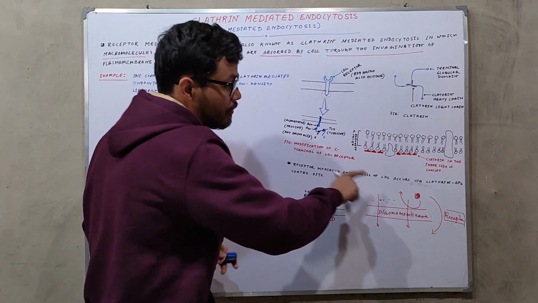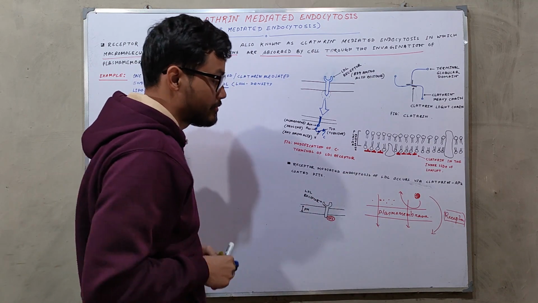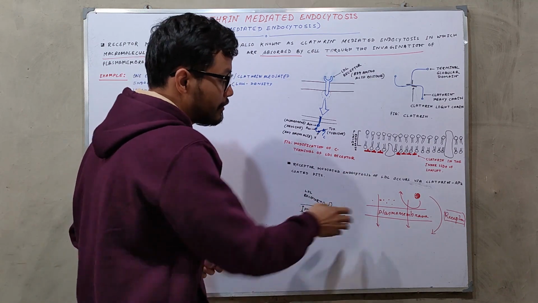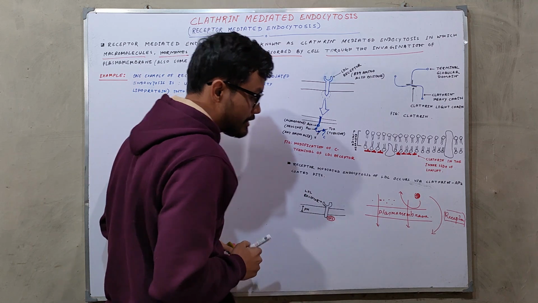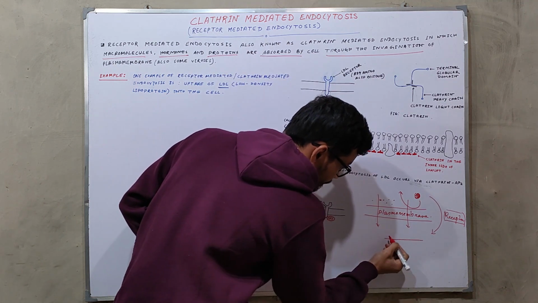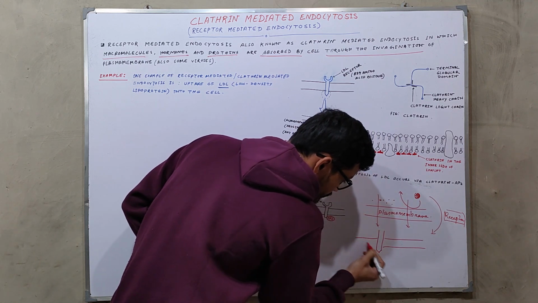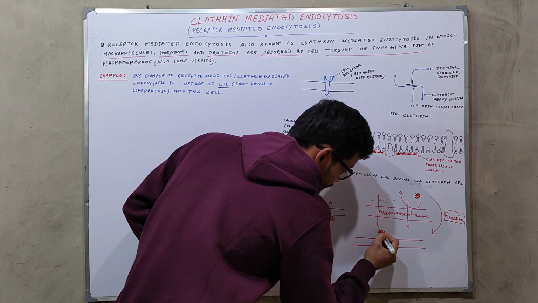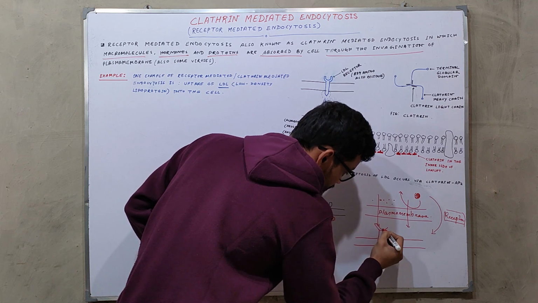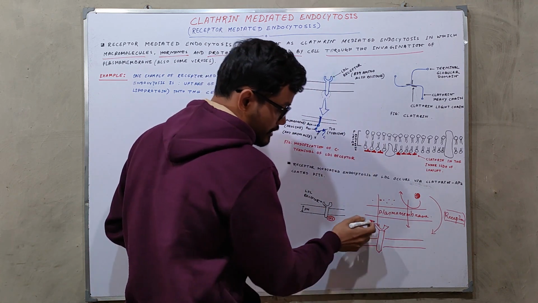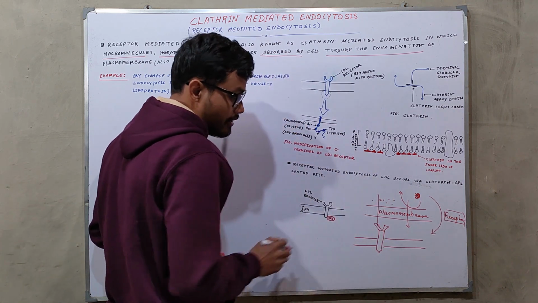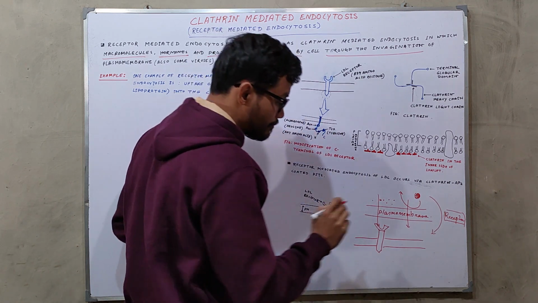So this is the whole process or mechanism of receptor mediated endocytosis, in which a receptor plays an important role. Basically a receptor is a membrane bound structure. So if we consider this is a receptor, it has three functional domains or parts.